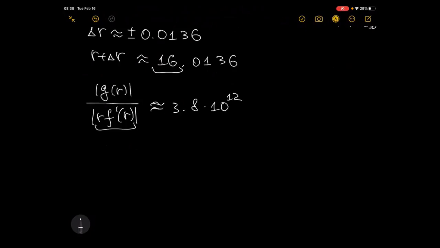So it's a huge number. Essentially, you are losing 12 digits out of 16 correct digits for the double representation of numbers. You see, these digits are right, and these digits are already wrong. So essentially, you're losing most of your digits.